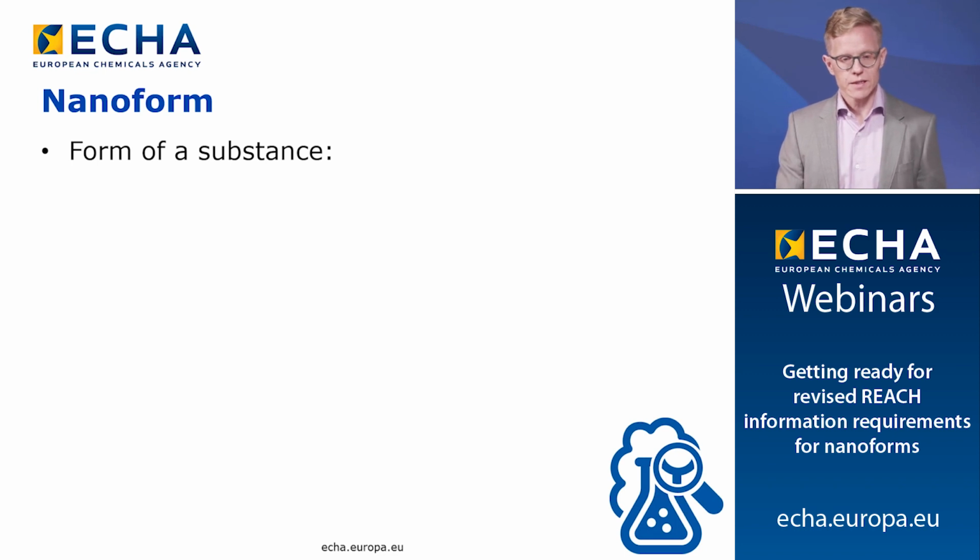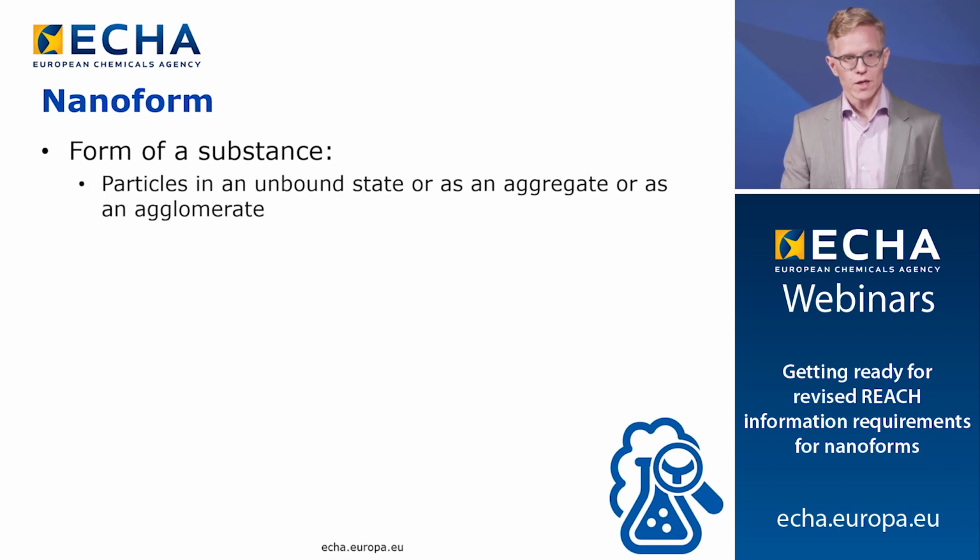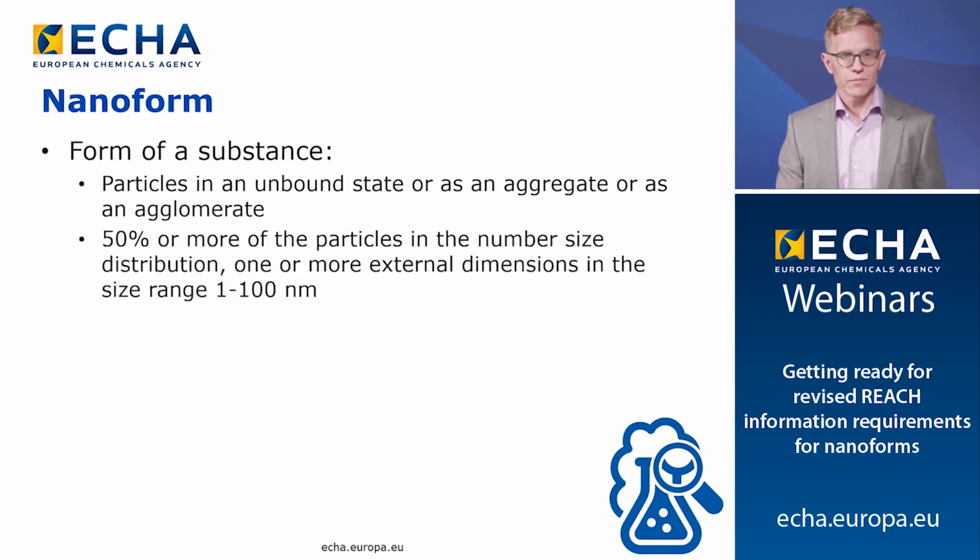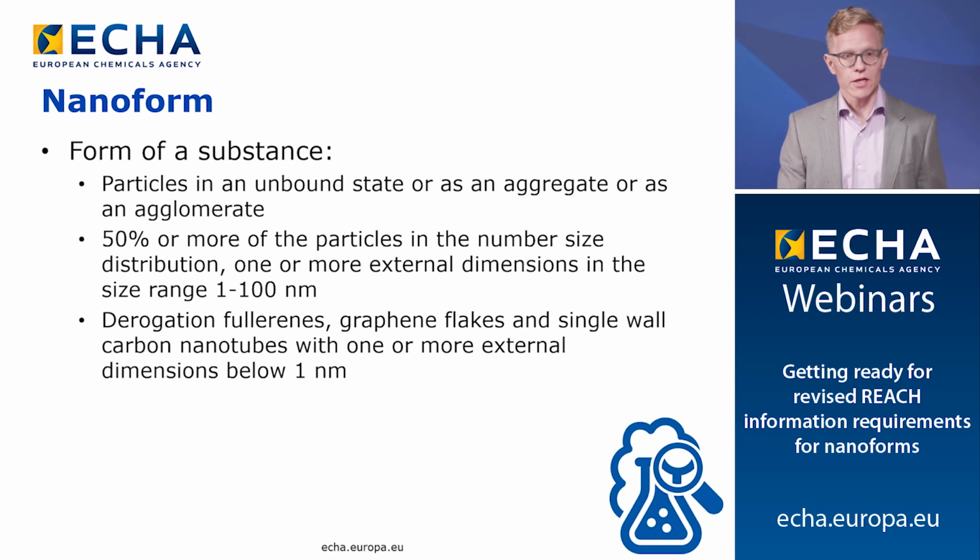The updated REACH Annex defines, based on the European Commission recommendation for a definition of a nanomaterial, a nanoform as a form of a substance which contains particles in an unbound state or as aggregate or as agglomerate, and where 50% or more of the particles in the number size distribution have one or more external dimensions in the size range 1 to 100 nanometers, with derogation for fullerenes, graphene flakes, and single-wall carbon nanotubes.